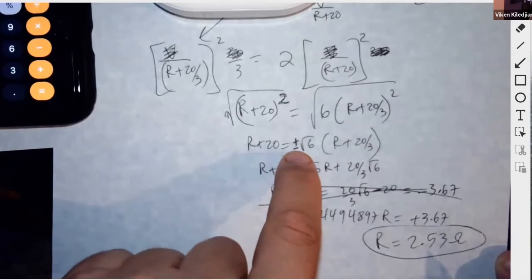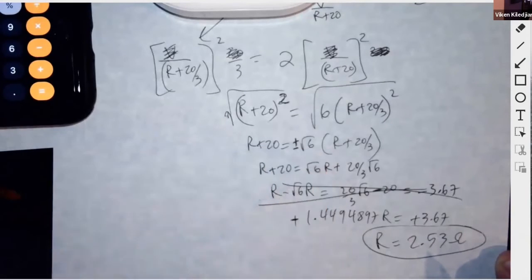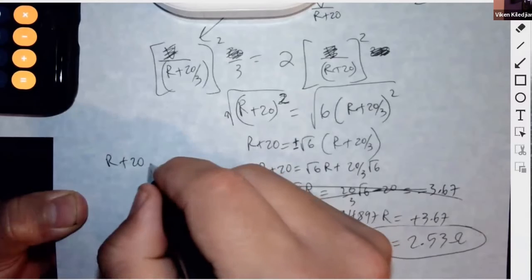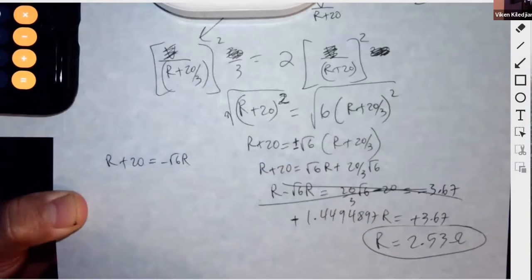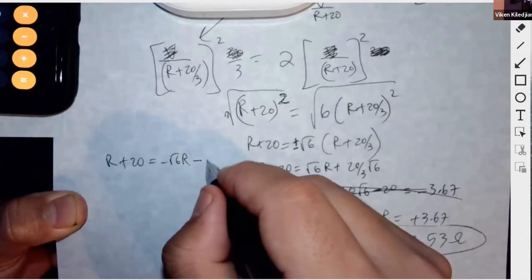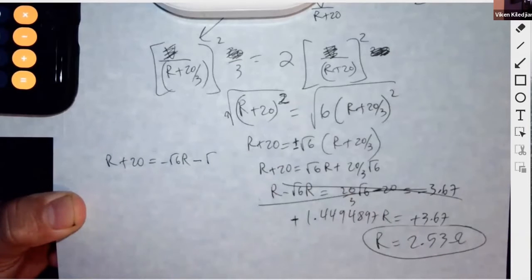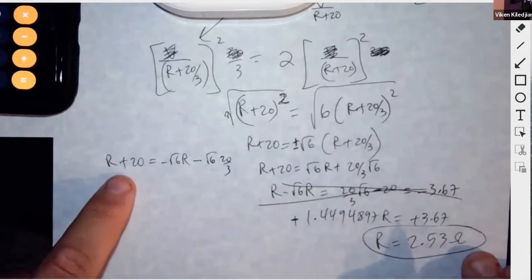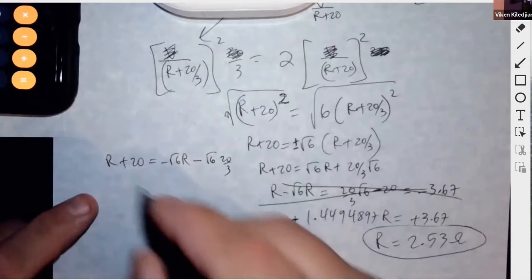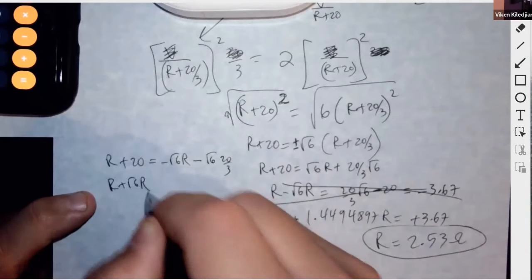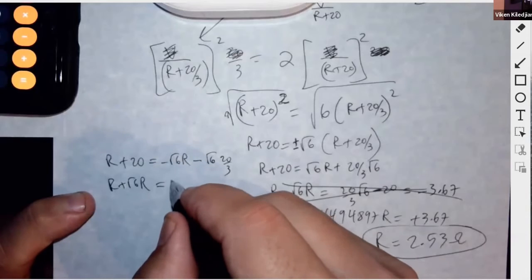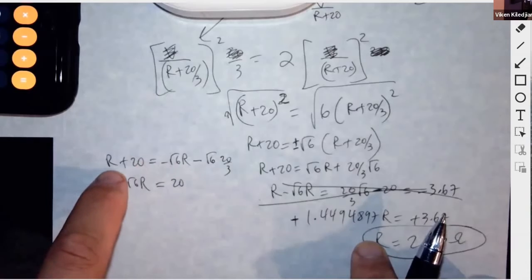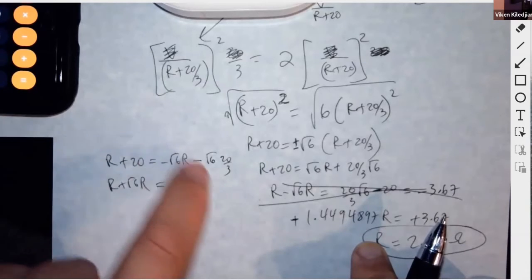Is there another answer, another possibility if I use the negative? So R plus 20, negative square root of 6 R, negative square root of 6 times 20 over R. Then you're going to have R plus the square root of 6 R, and then 20, right, this one goes over here, R plus square root of 6 R, this one goes over here, negative 20.